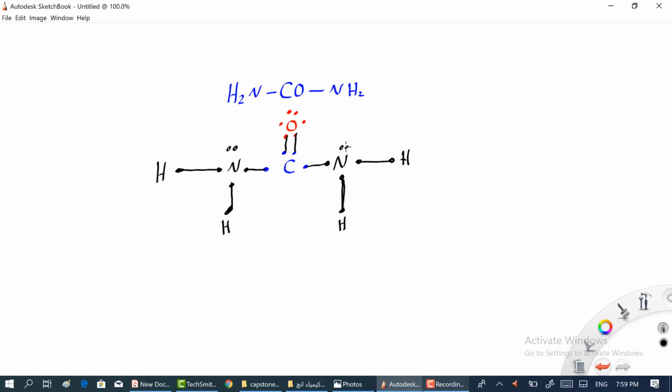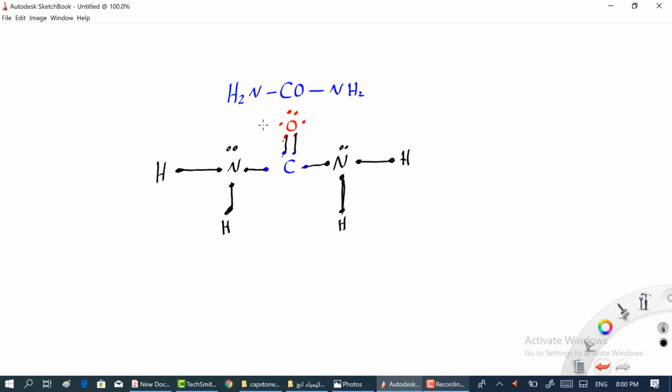Each nitrogen has 8, each hydrogen has 2, the carbon has 8, and the oxygen has 8.